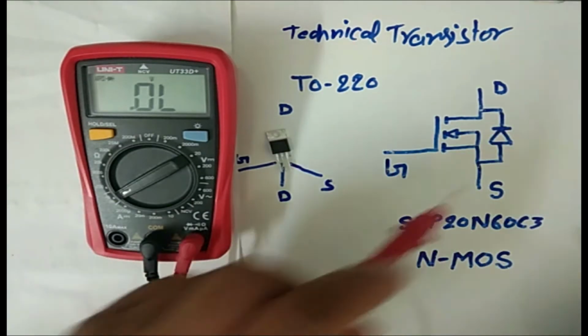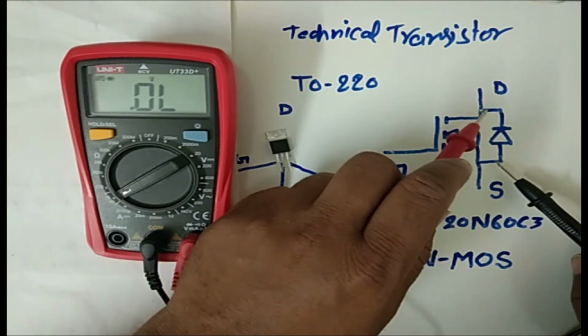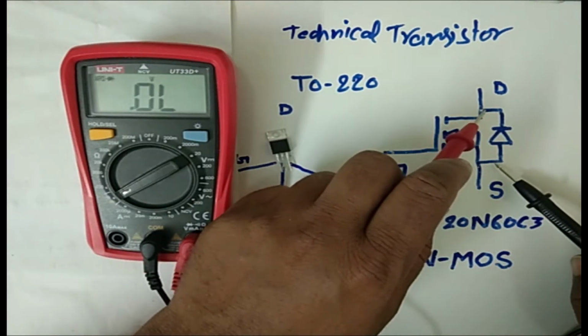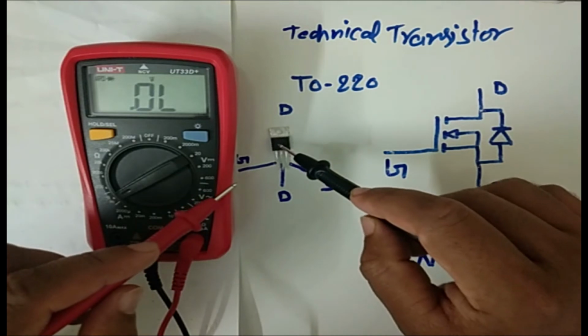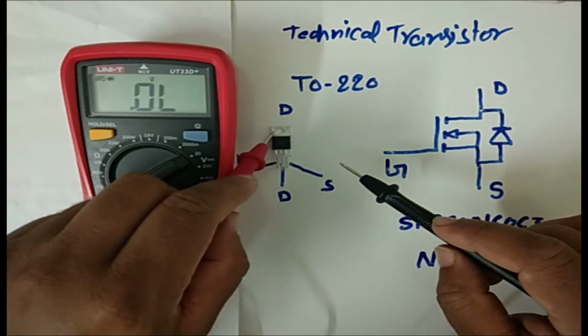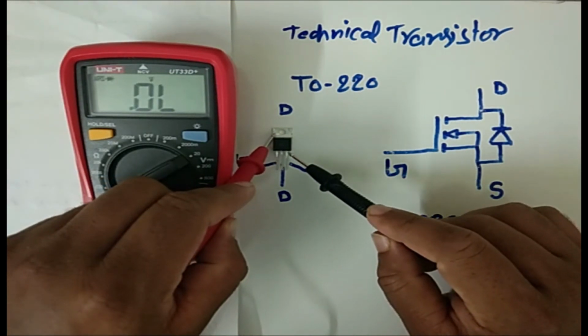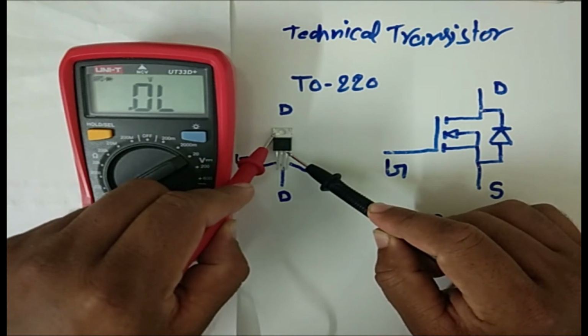Now we check again here and here. Earlier it was showing some rating, but if the MOSFET is off, it will show open here. Now check again. Red at the drain, black at the source. It is showing open. So now the MOSFET is off.